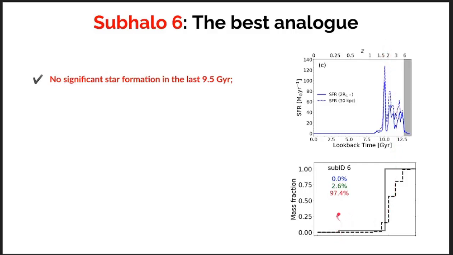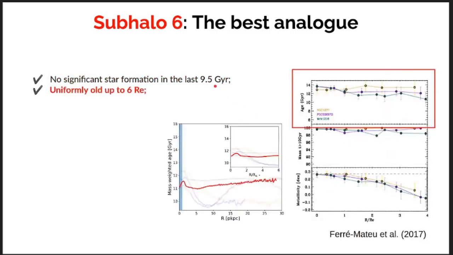And here I show the fraction of the mass that is formed by this redshift. It's about 97.4% older than 9.5 gigayears. This subhalo is uniformly old, up to 6 effective radii.